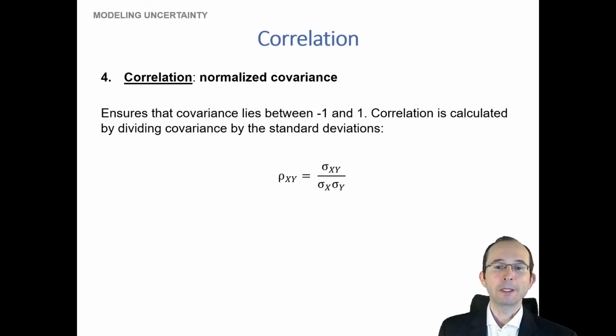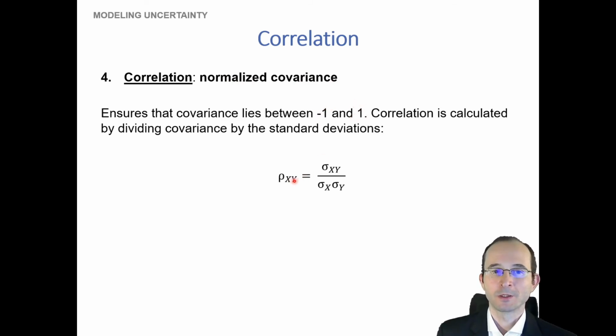So we briefly mentioned correlation, but now let's actually see how it relates to covariance. It's essentially a normalized version of it. And what effectively it does is it transforms it to a variable bound between -1 and 1.